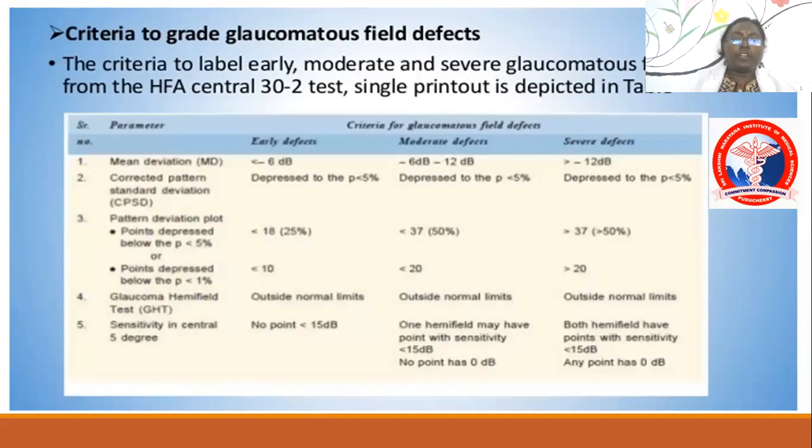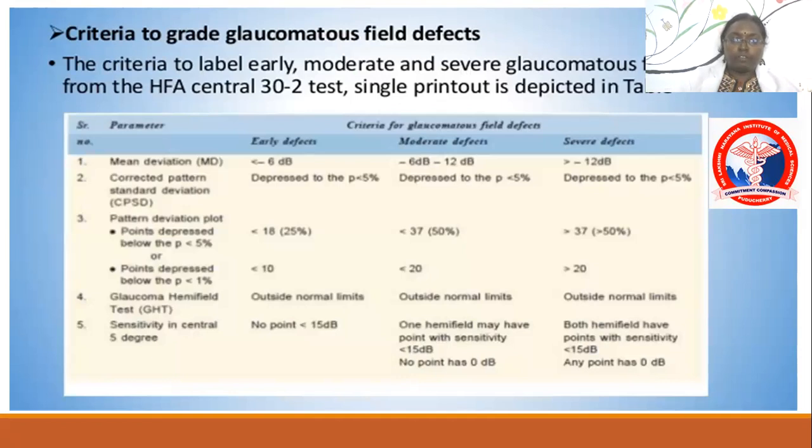The criteria to grade glaucomatous field defects: it can be early, moderate, and severe. Using perimetry, you can know the visual field defects. Humphrey is there and Octopus is there.